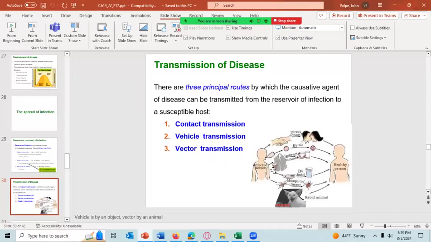And then there can be vector transmission. A vector is an animal which spreads the disease-carrying organism to the patient. Any question about that? So vehicle is an object, vector is an animal.